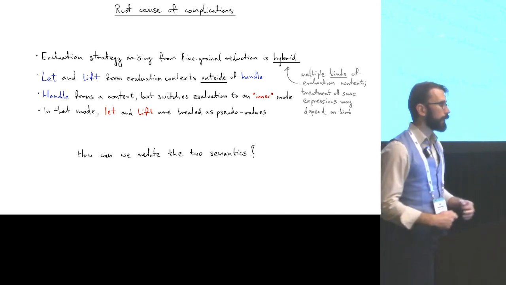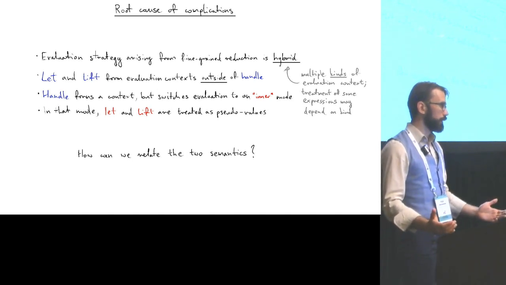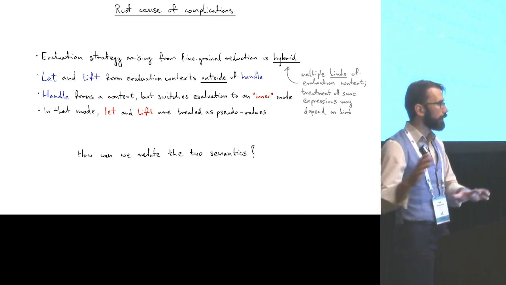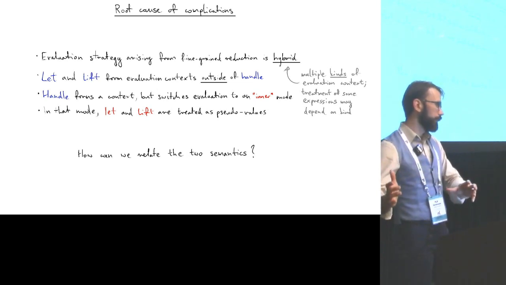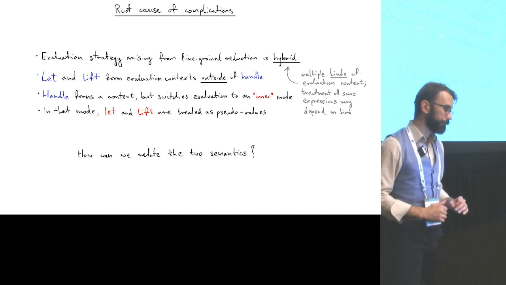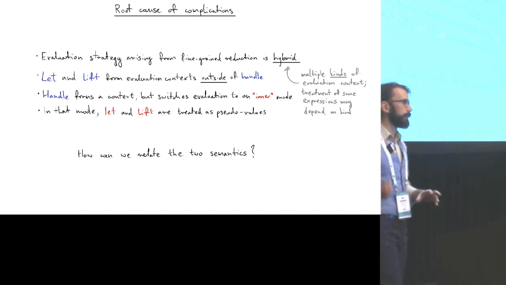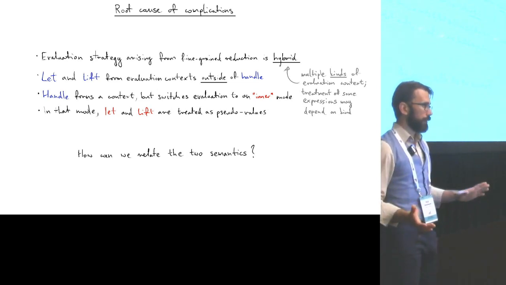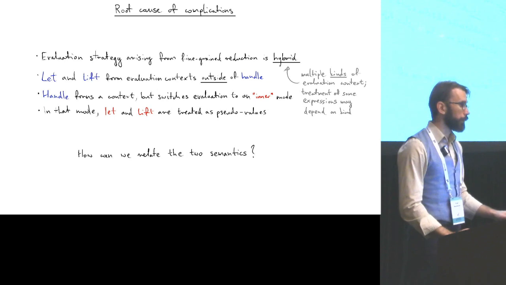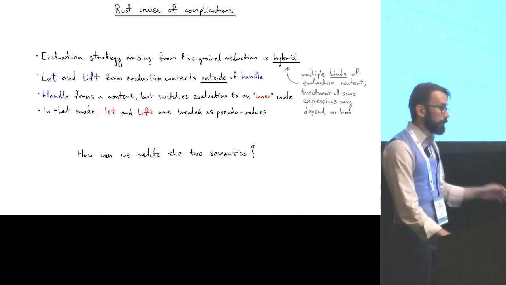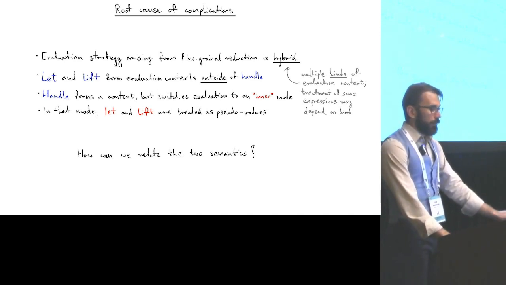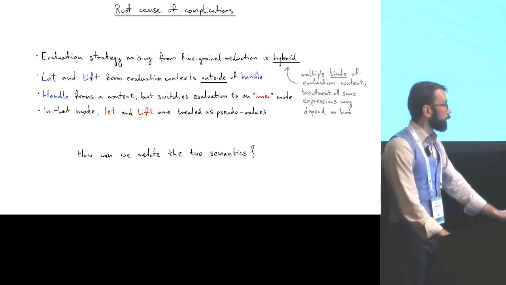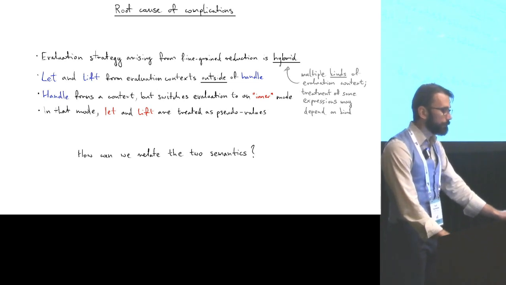Let and lift can be treated either as evaluation context formers if we are outside any handlers, or as a sort of pseudo values which we are not allowed to reduce if we are within a handler. These hybrid semantics have mostly been used for things like full normalization type evaluations, but here one comes out naturally; this is the evaluation that this reduction system gives us.